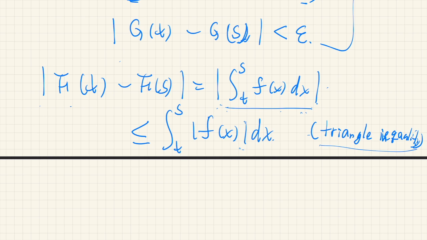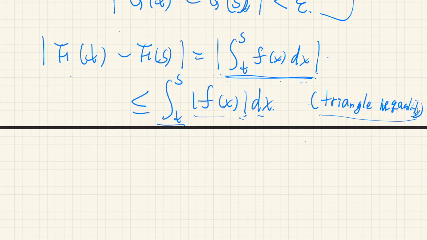That is the triangle inequality. In essence, the absolute value of a plus b is less than or equal to the absolute value of a plus the absolute value of b. So this sum corresponds to this integral. So the absolute value of the integral is less than or equal to the integral of the absolute values. This is just another way to say the triangle inequality.